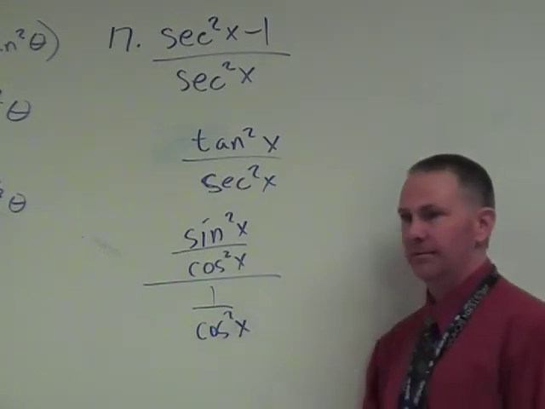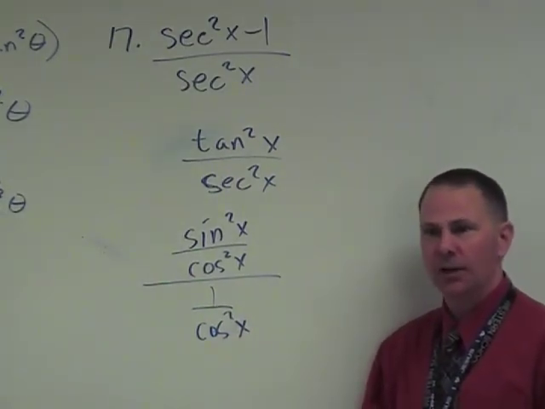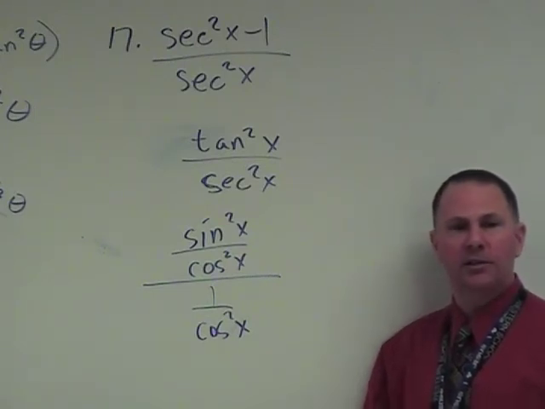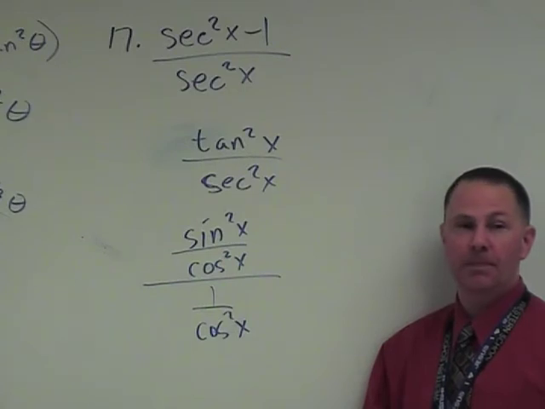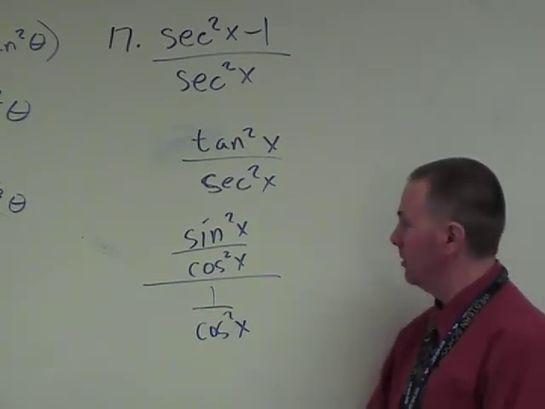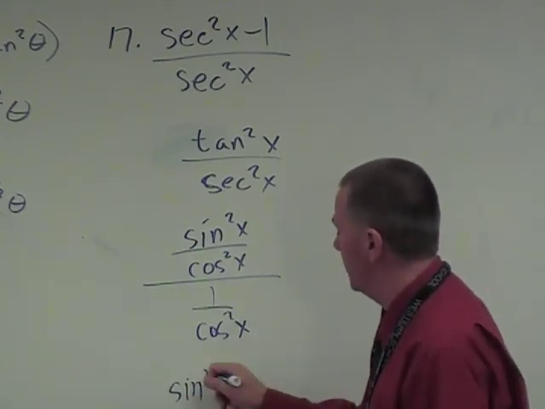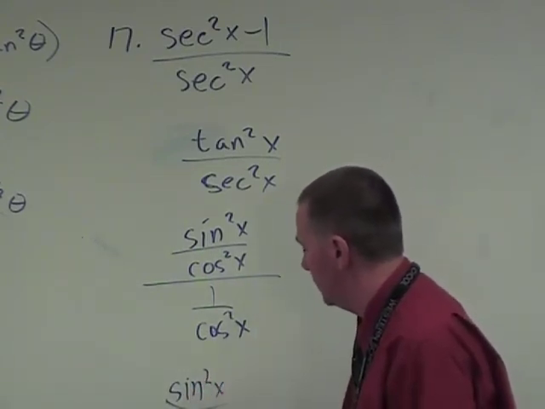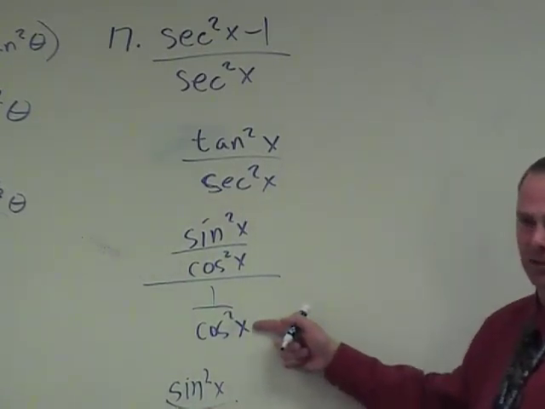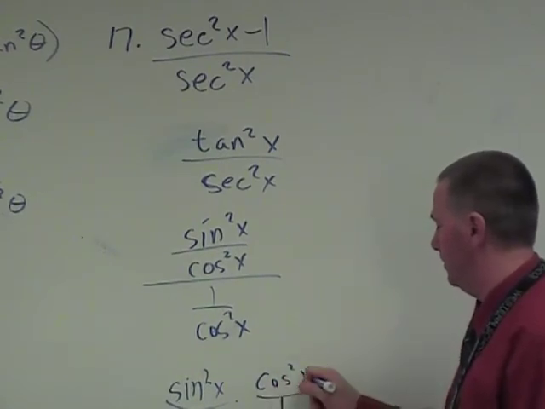Well, now we got a very complex fraction, and that's okay. You're all pre-calculus students. This shouldn't scare you. How do I get rid of fractions inside of fractions? Multiply by the inverse. Reciprocal. So I have sine squared of x over cosine squared of x times the reciprocal of the denominator, cosine squared of x over 1.